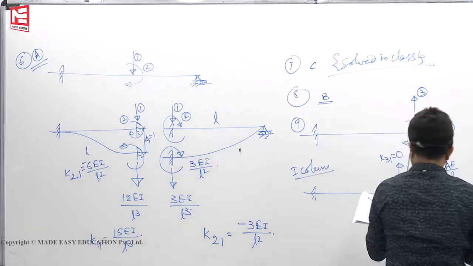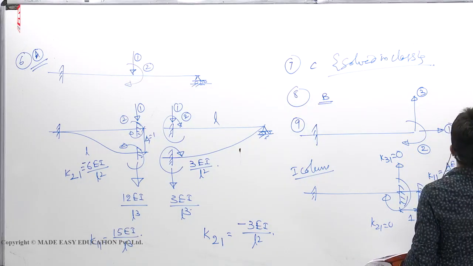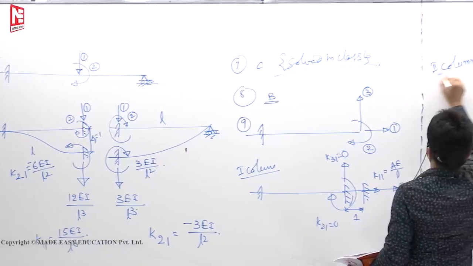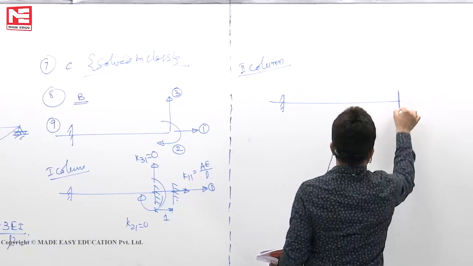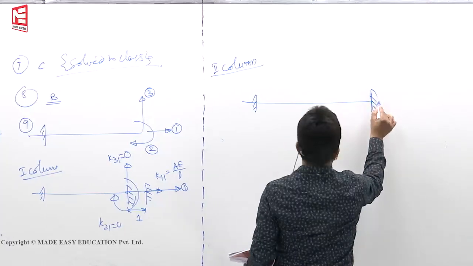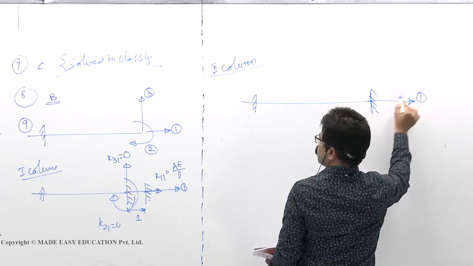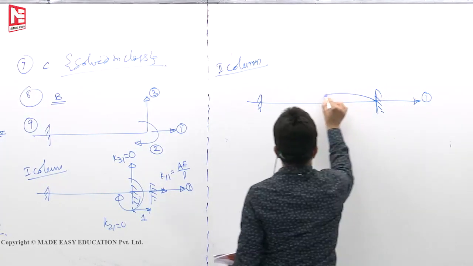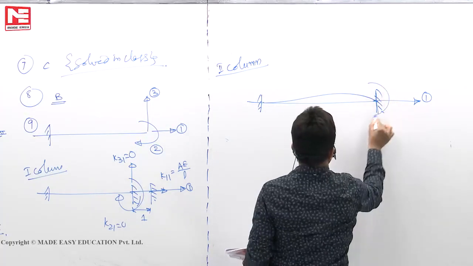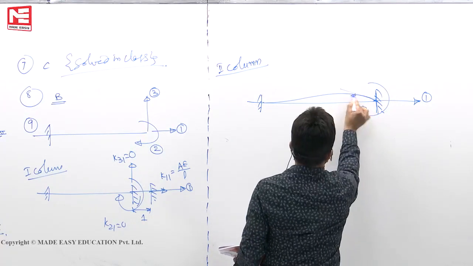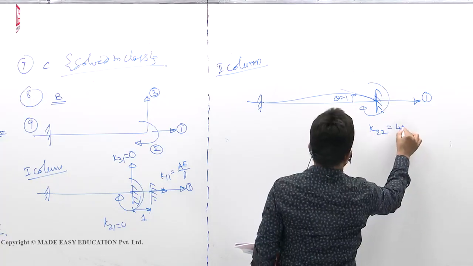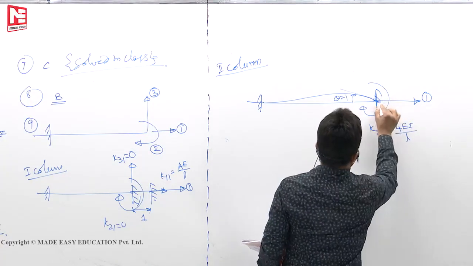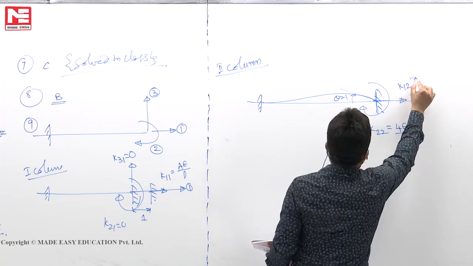That means the second column you have to calculate. Second column. Symbolic representation of fixing. This is 1, 2. You give unit rotation like this. This theta is 1. K22 is 4A by L. K1 because of 2 is 0.